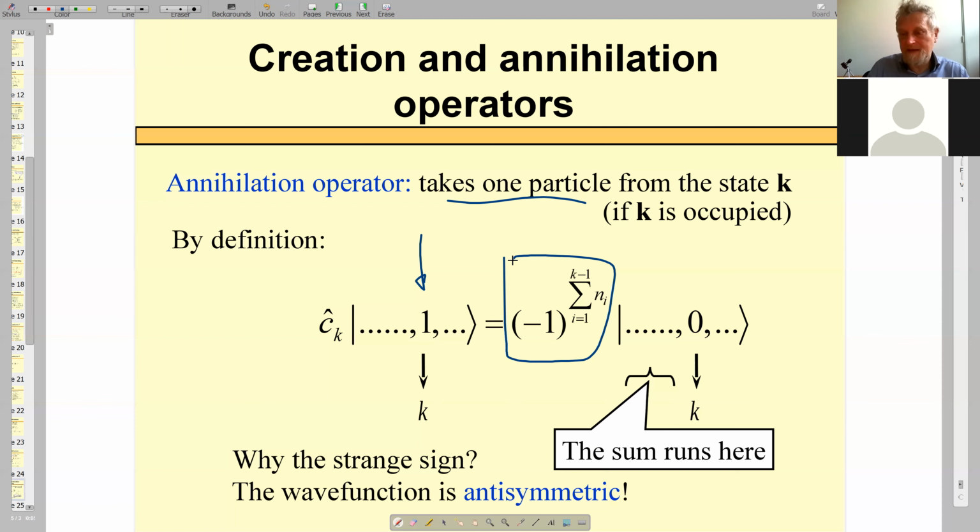But it depends on all occupation numbers for the levels which are before level k.